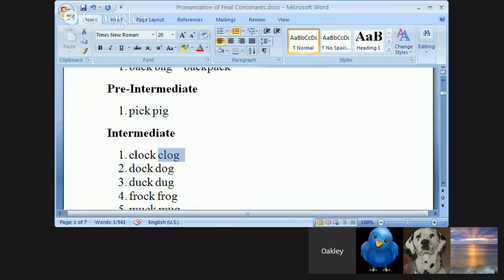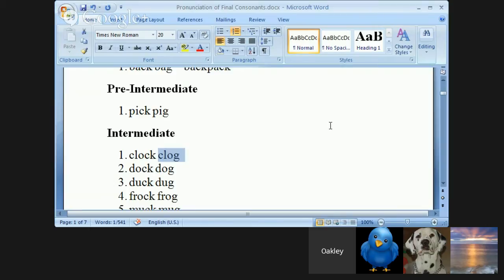All right, that's it. Now reverse them. Say clog first, then clock. That will be a little trickier. Clog clock. Oh, that was very good. All right, that's it. Instead of a little vowel sound after clog, there is no vowel sound. So clog.